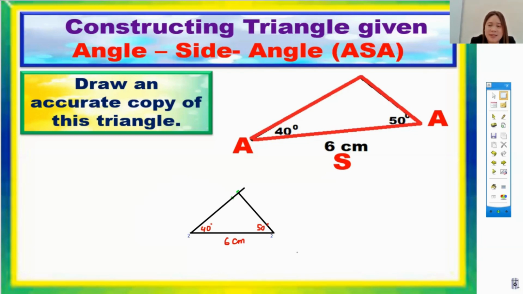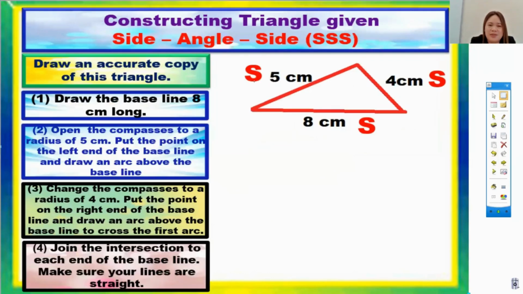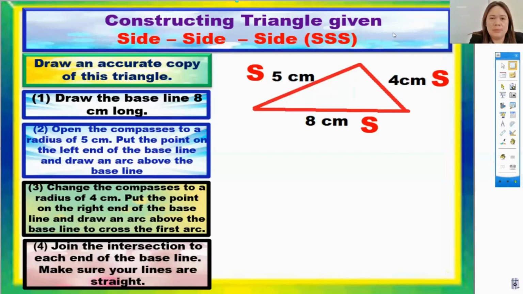So let's proceed with the triangle given its 3 sides. So we will be constructing triangle given side, side, side, which means the 3 sides are given in a triangle.